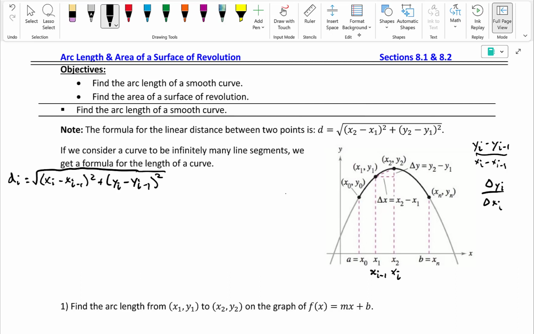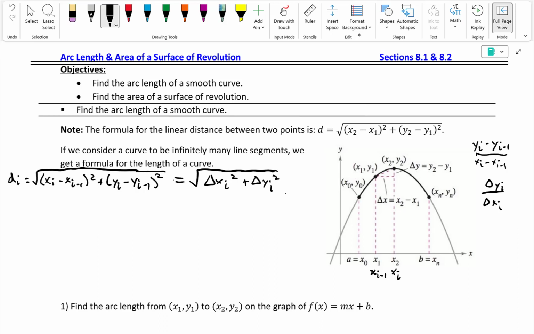Knowing again that delta x and delta y are just the change in x and change in y, we can simplify this formula to delta x sub i squared plus delta y sub i squared. Right, so for each little interval, change in x, change in y.